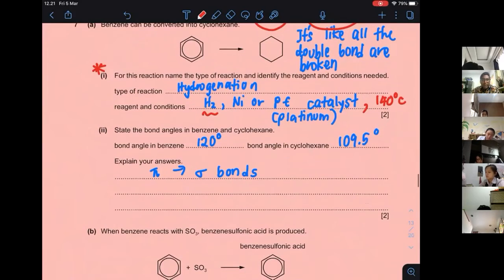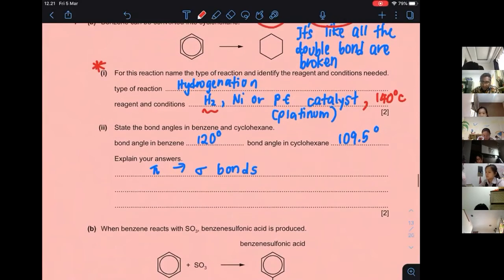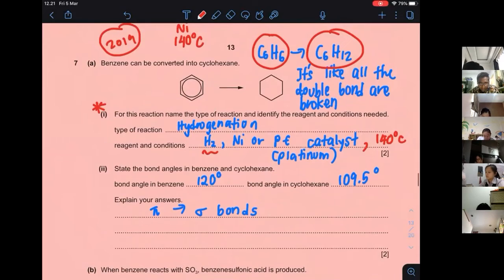Now, state the bond angles in benzene and cyclohexane. For the bond angle in benzene, we know that benzene is a planar molecule. Planar means we only take the carbon as bonded to 3 bonds, even though carbon is normally supposed to have 4 bonds. One of the electrons is delocalized, so it looks like 3 bonds. For 3 bonding pairs, it's going to be 120 degrees.